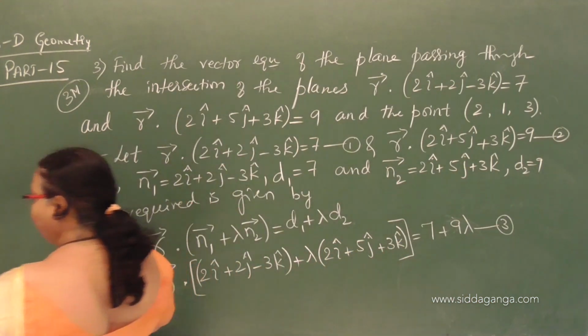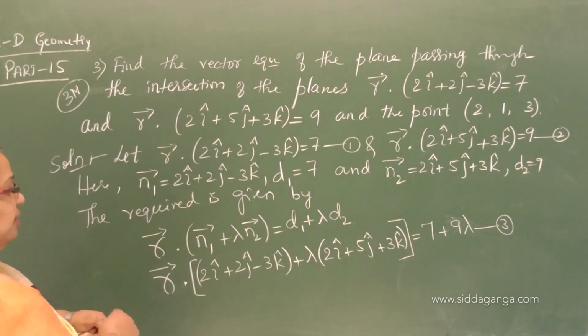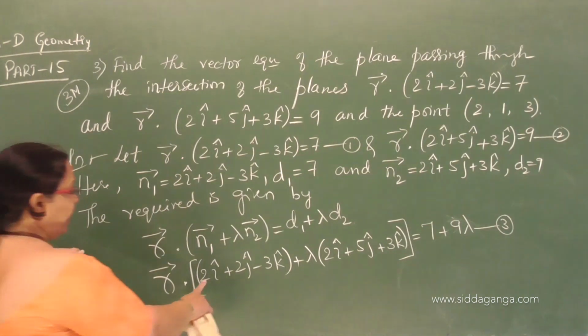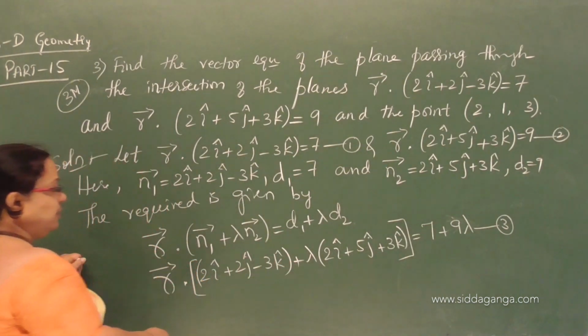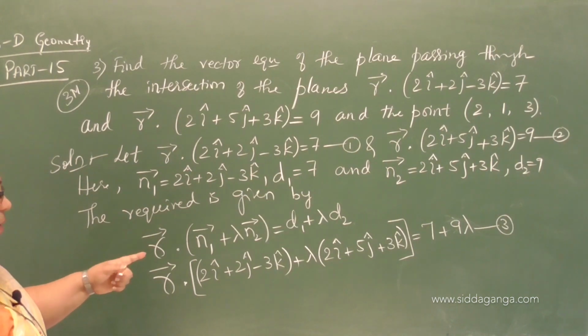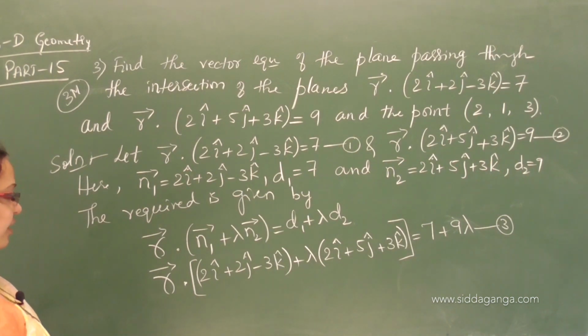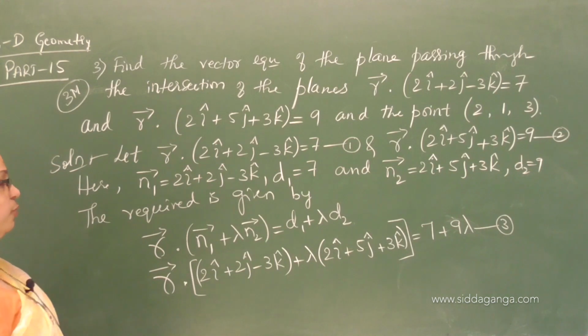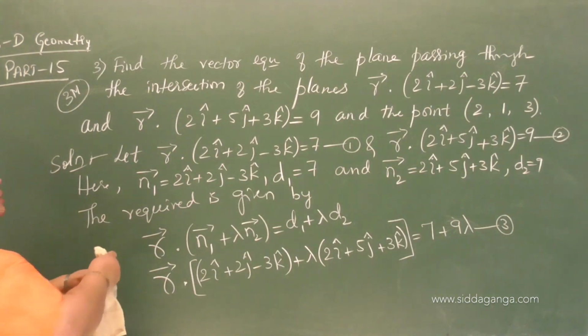So equation 3. Now we can take i common. That is 2i plus 2i lambda, so taking i common we get 2 plus 2 lambda.